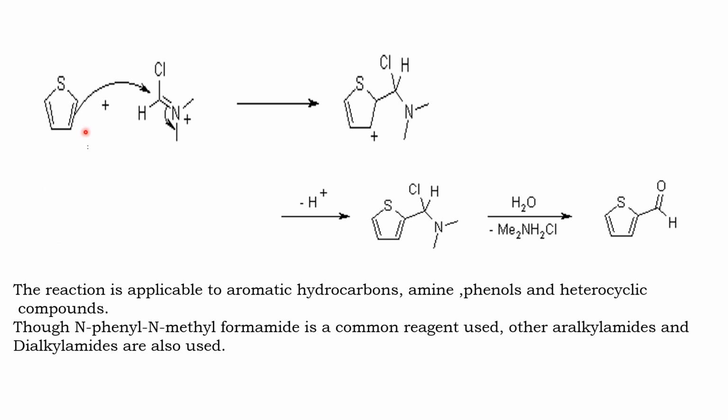See here, this is a heterocyclic compound, and I am showing the intermediate here. It attacks the intermediate, that is the chloroiminium ion, and followed by the reaction, I get a CHO group introduced into the heterocyclic molecule.